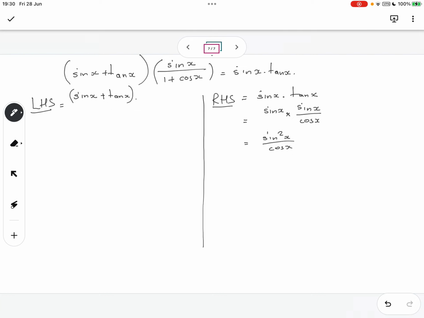This is one expression multiplied by the sine of x over 1 plus the cos of x. This equals, now we're gonna do some distribution, so we can multiply the sine with the tan and again the sine with the sine. So that gives us sine squared x plus sine x tan x divided by 1 plus cos of x.